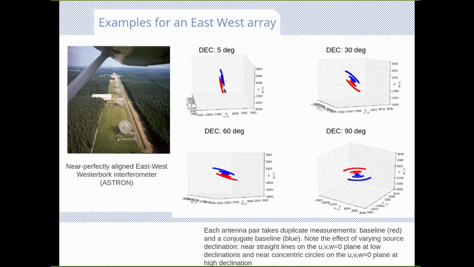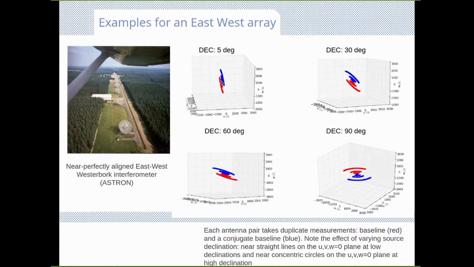Now, this is if we have a perfectly aligned east-west interferometer, such as the Westerbork synthesis radio telescope here in the Netherlands. So, for such an interferometer, all the spatial coherences or the spatial frequencies that we measure are going to lie on a single plane inside the space, and therefore, if we're at low declination, they're going to all lie mostly on just one line through this space.